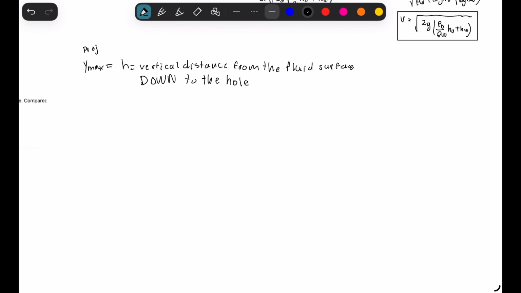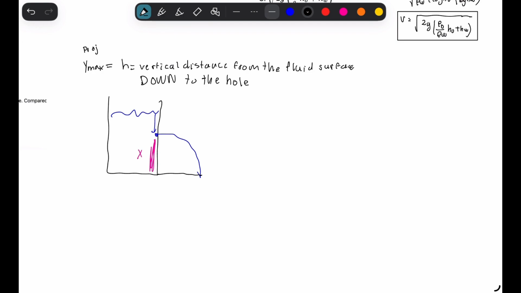Because what we're measuring essentially is when you have your tank and you have your water here, our water, in order to reach the hole and then go out, is going down this distance. We're not going down this distance necessarily. That is something else. That's just the projectile's maximum height.